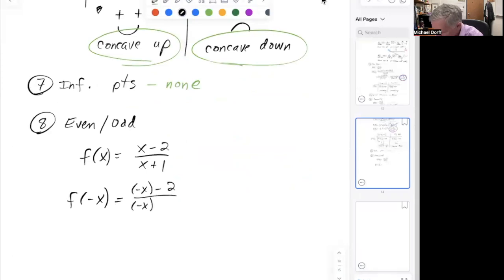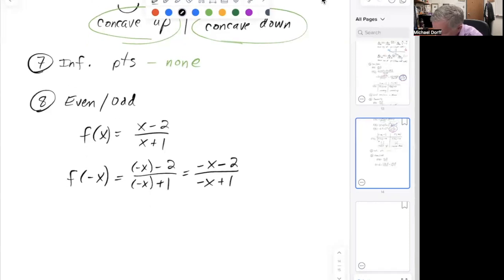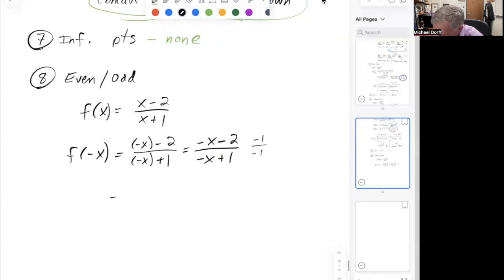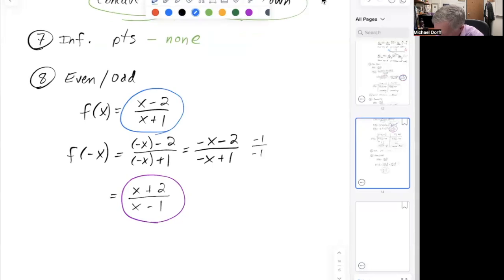I simplify that, and I get negative x minus 2 over negative x plus 1. Let's multiply top and bottom by -1 to get it in a nicer form. That means on the top I'm going to have x plus 2 over x minus 1.